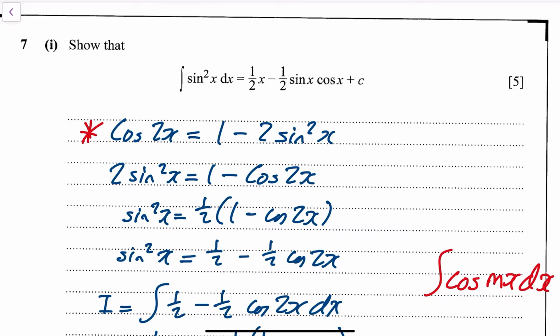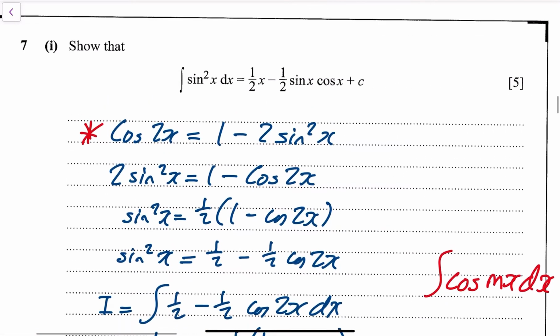You'll have 2 sine squared x equals 1 minus cos 2x, and then divide through by the 2, so the half goes across, and then you've got sine squared x equals a half of 1 minus cos 2x, or sine squared x equals a half minus a half cos 2x.